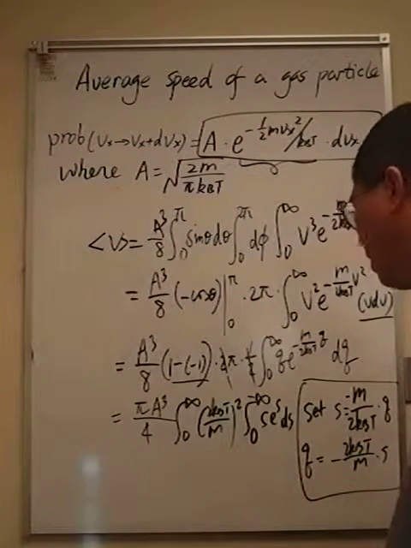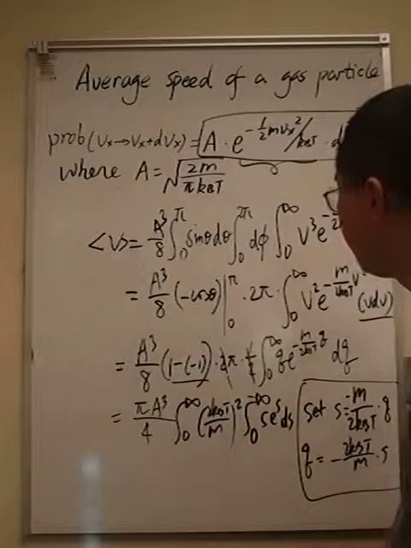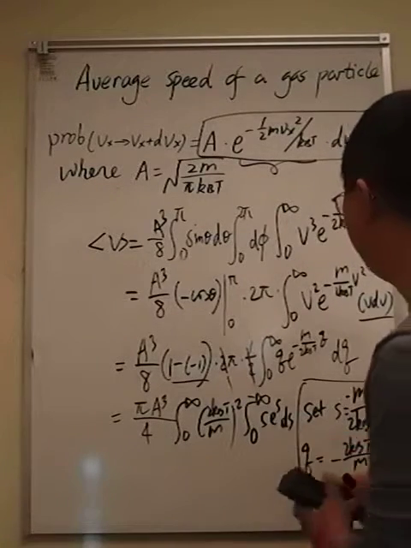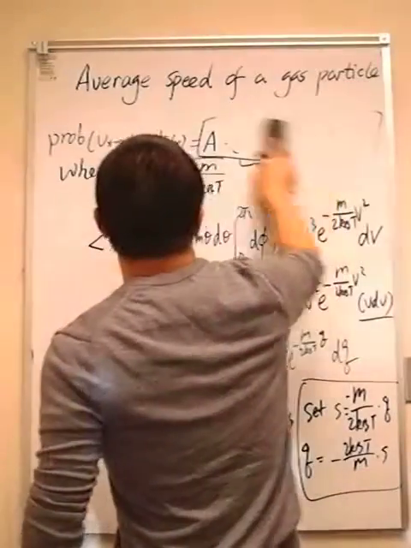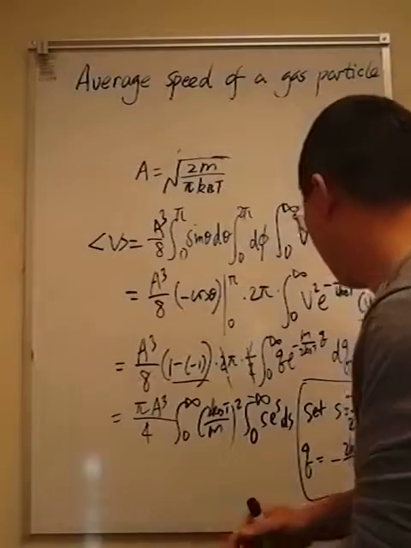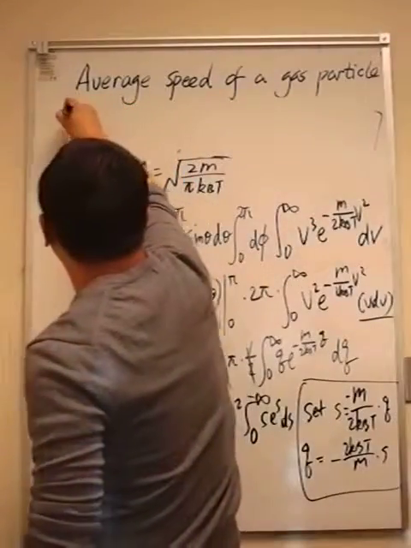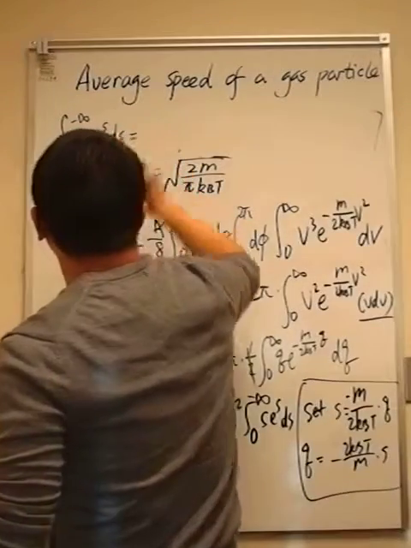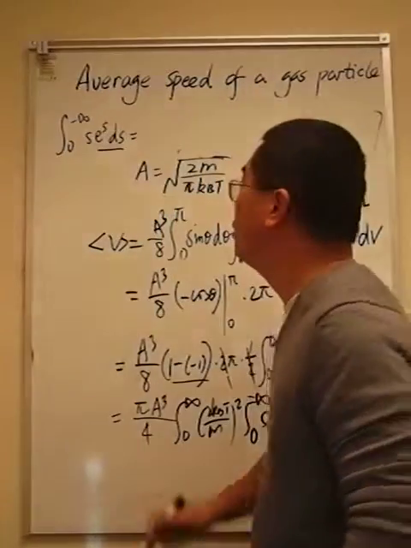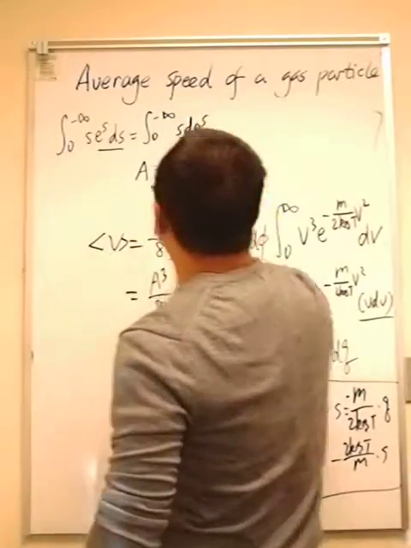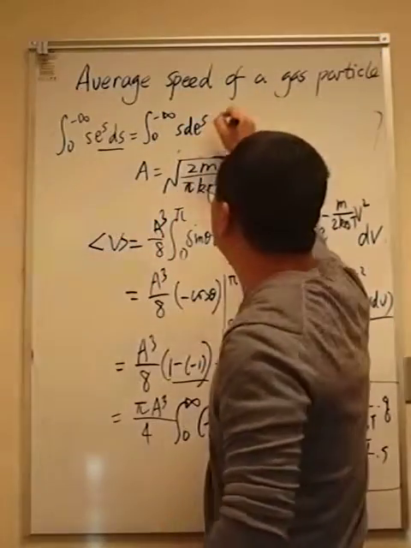It's actually fairly straightforward to evaluate this. I'm going to do this on top. I'm going to combine this too. And then I'm going to use the product rule.